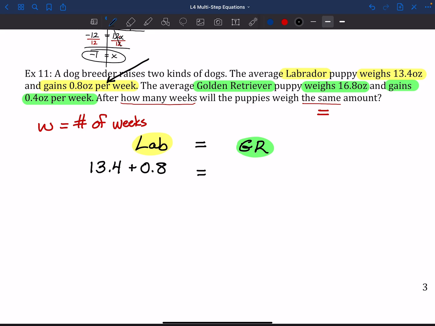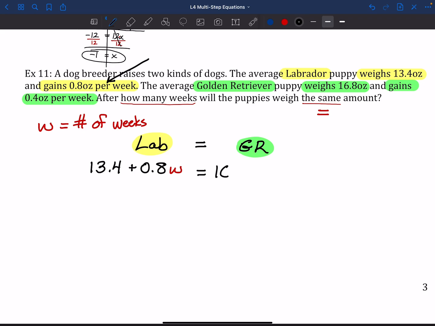So our mathy way of shortcutting that is if we use our variable and we just multiply that rate by the variable, right, per week, 0.8 times W, then that'll account for all the different numbers of weeks. If it's been 1 week, W is 1, and it's just 0.8, right? If it's 2, we'd add on 0.8 basically twice, right? Twice 0.8.